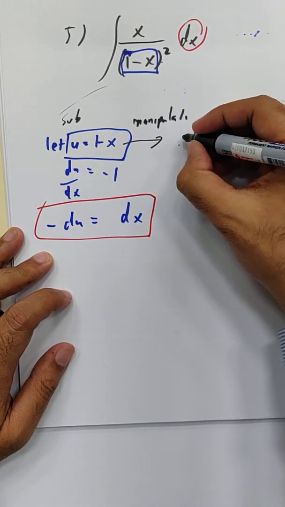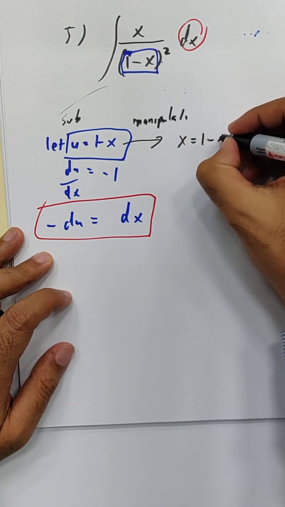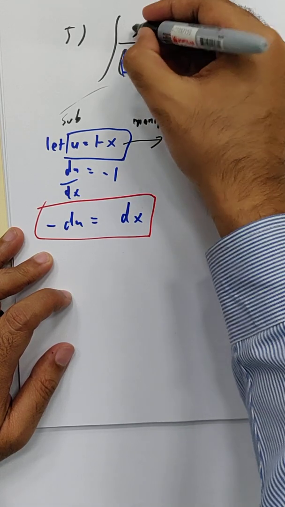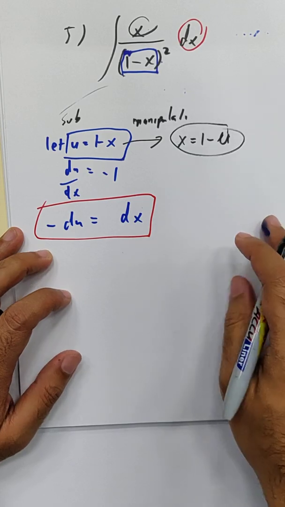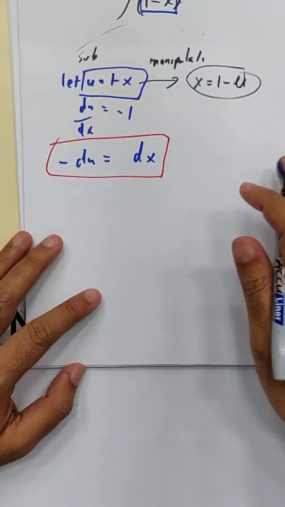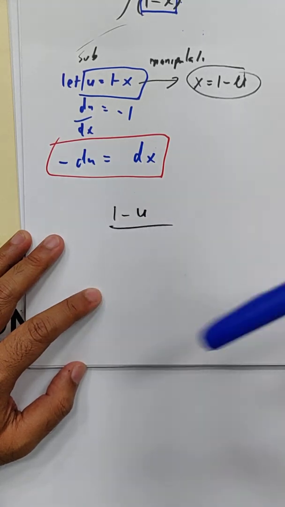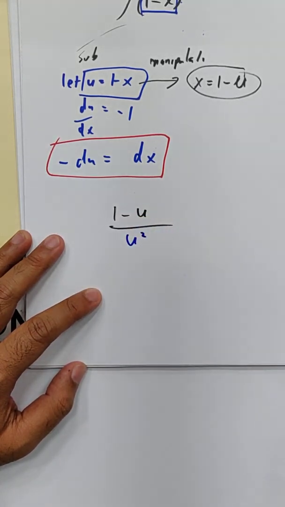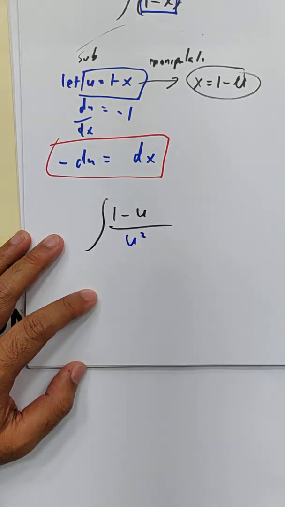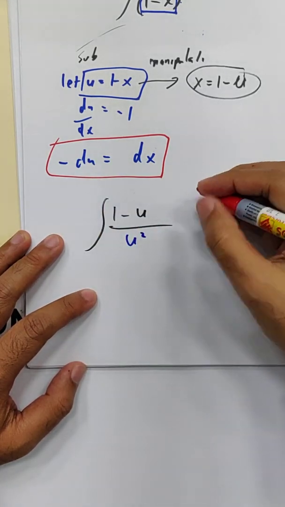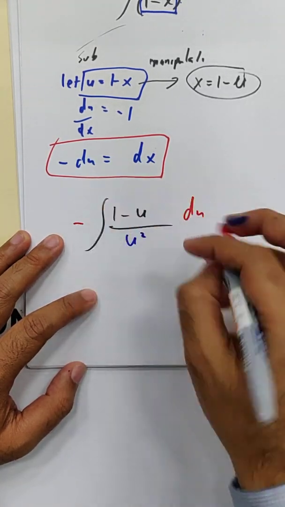So you got yourself x equals to 1 minus u. So all the substitution will give you 1 minus u over u squared negative du. Negative du you can put outside.